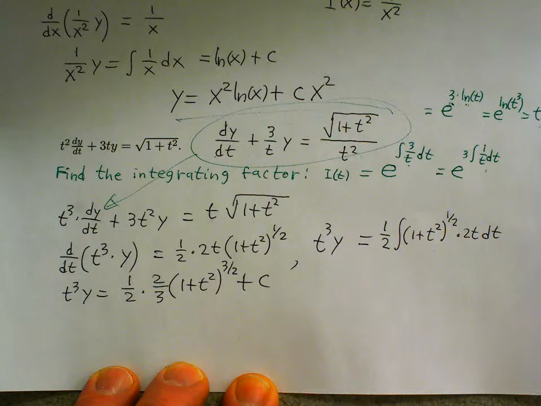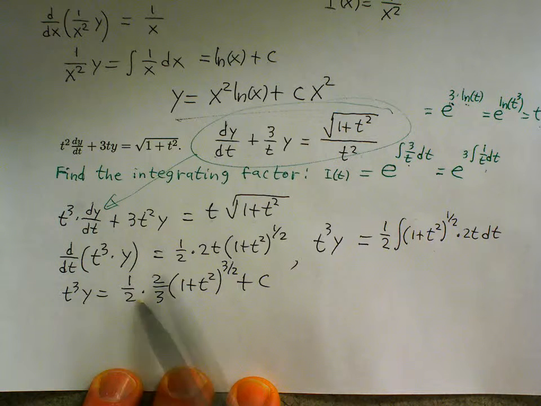Okay, then we divide every term on both sides by t to the third. We'll simplify here also. 1/2 times 2/3 is 1/3.